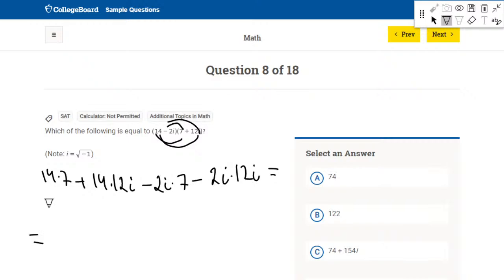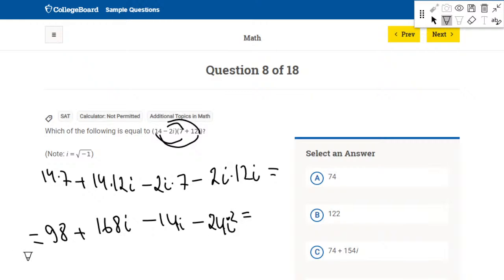What do I get? So this is 98. Here we get plus 168i minus 14i and minus 24i squared.